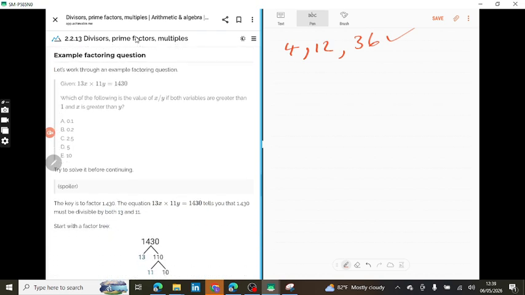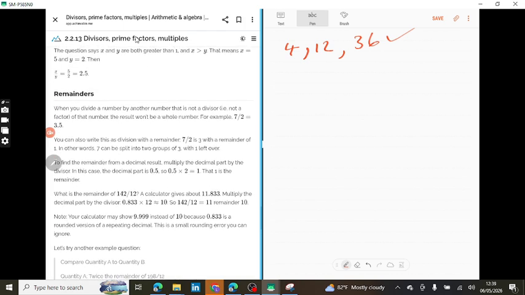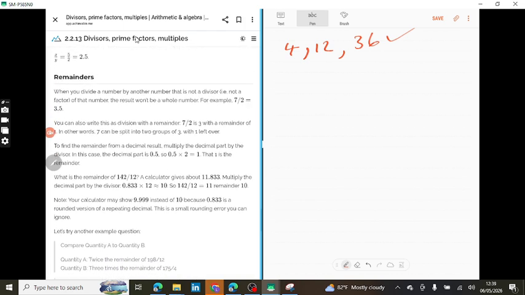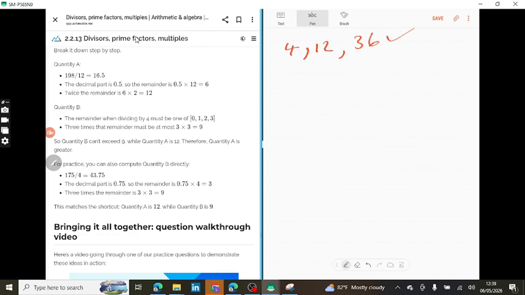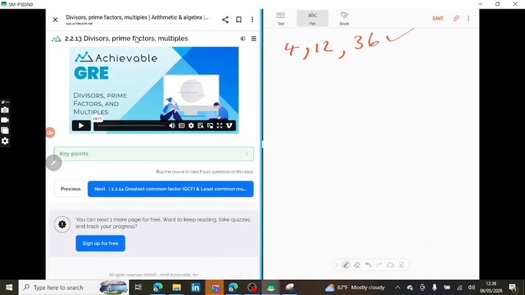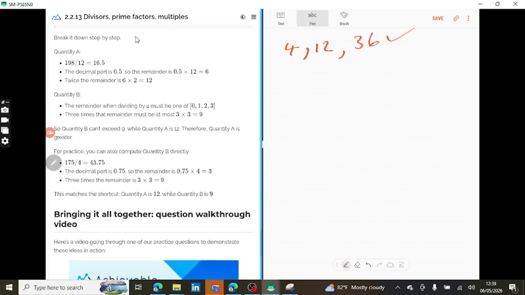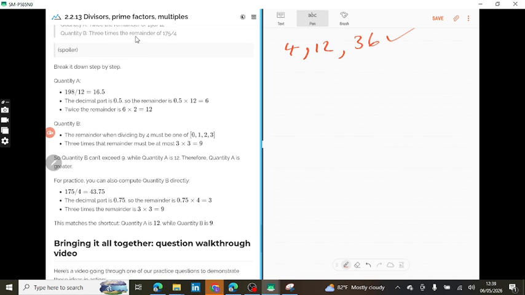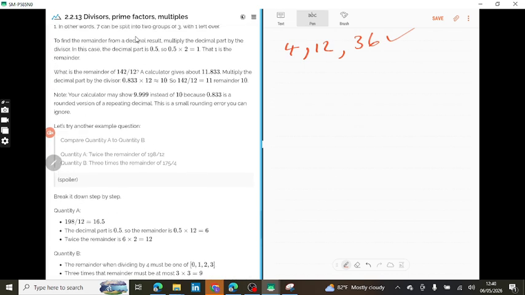We have solved this one. Remainders, remainder is not a very big deal. Okay, look at this one.